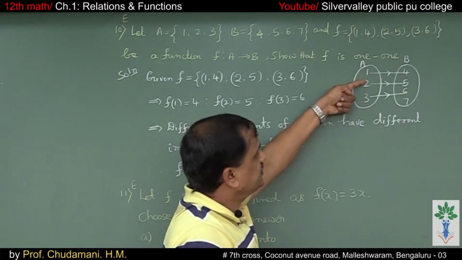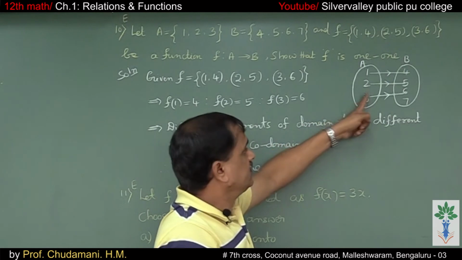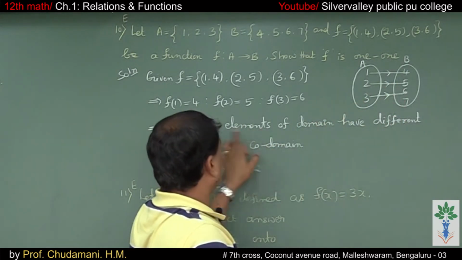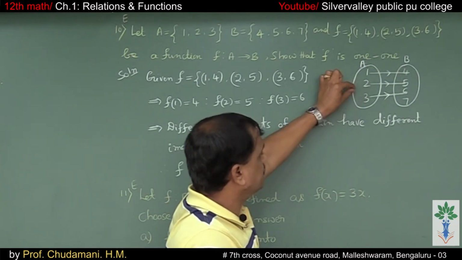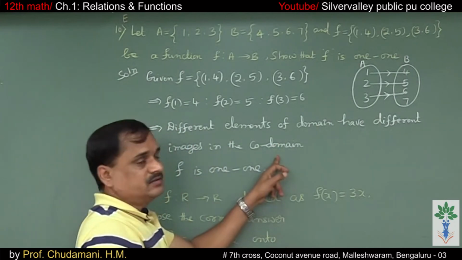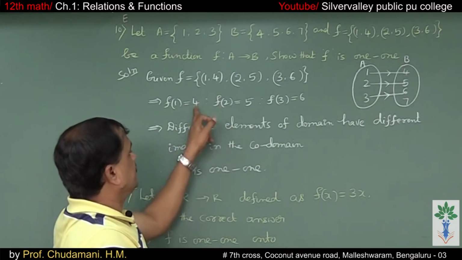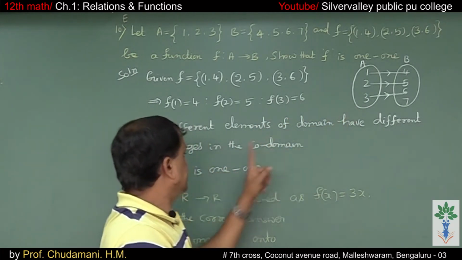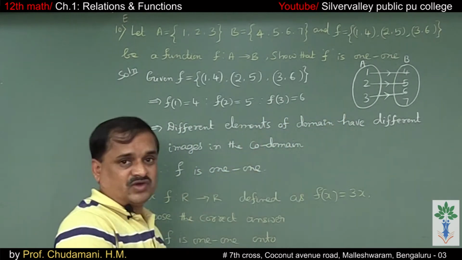See, different elements of the set A are associated to different elements of the set B. That means different elements of the domain have different images in the codomain. Clear? So f of 1 is 4, f of 2 is 5, f of 3 is 6. So that's why f is a one-one function.